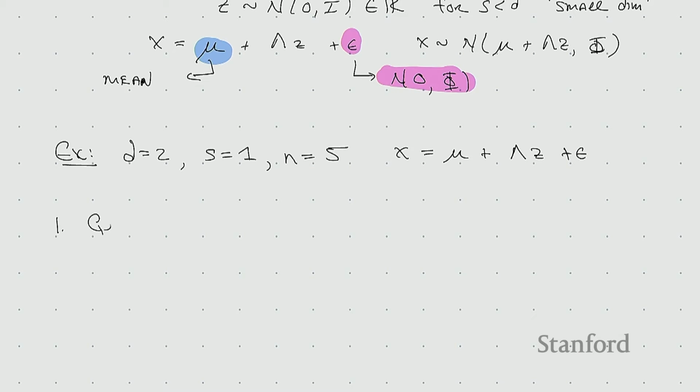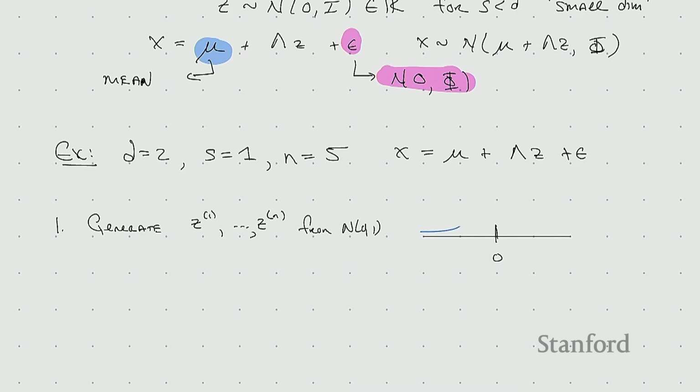First, we generate z1 to zn from N(0,1). So what does this look like? Here's 0, and let me draw the density.